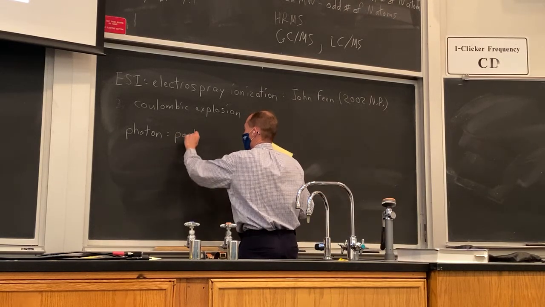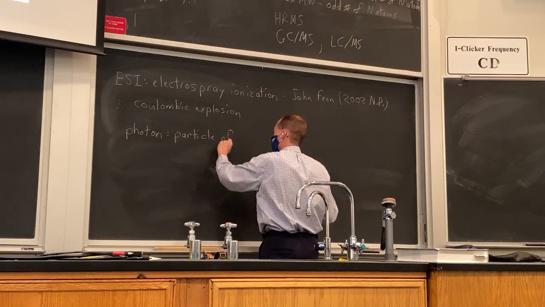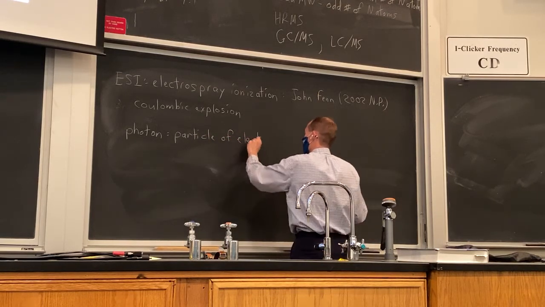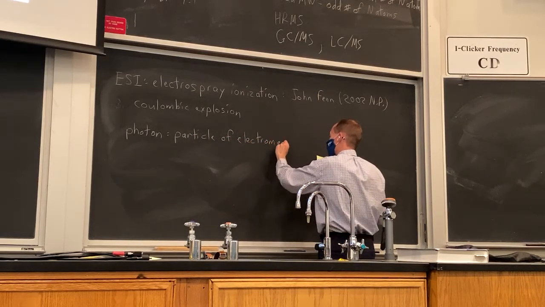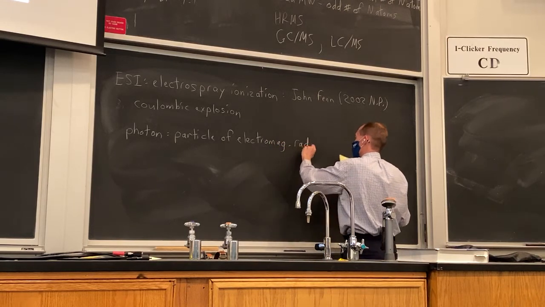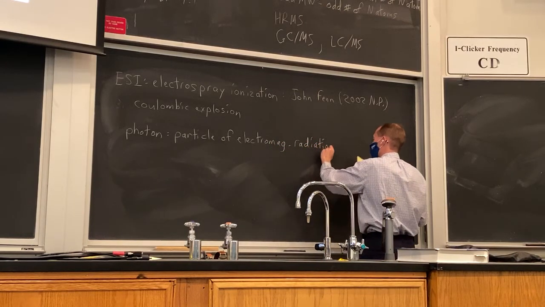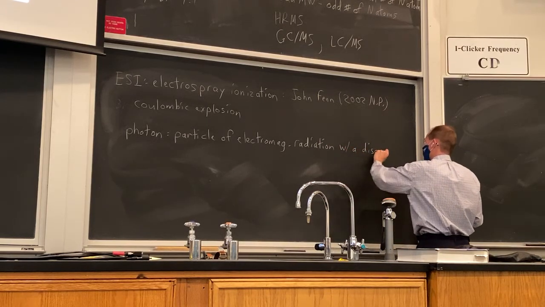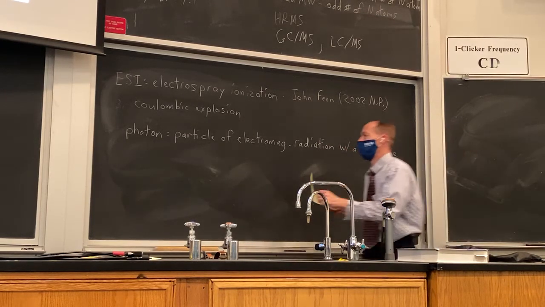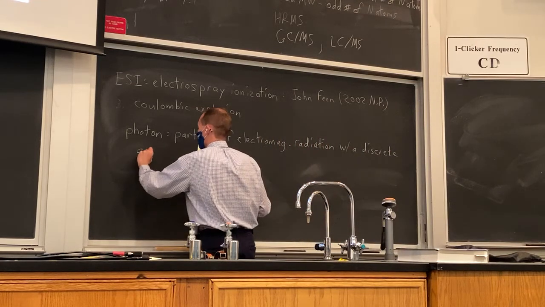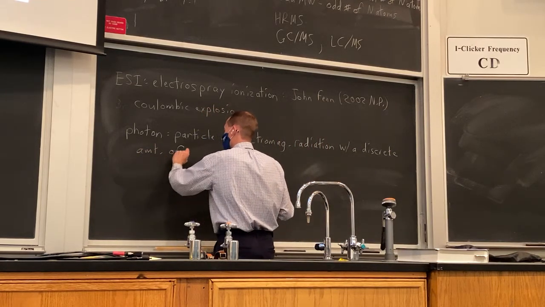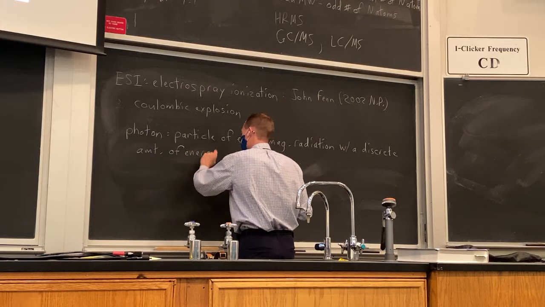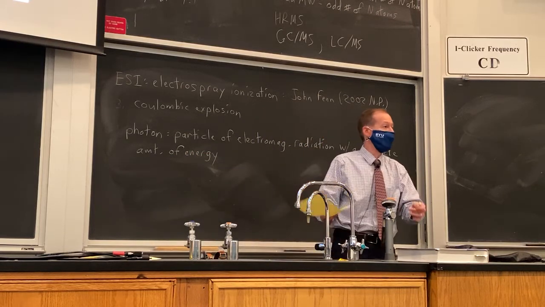So we'll say it is a particle of electromagnetic radiation with a discrete amount of energy. And that's the key, is that a given photon will have a given amount of energy.